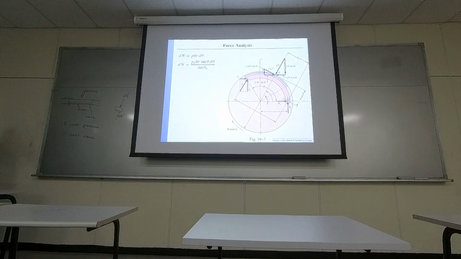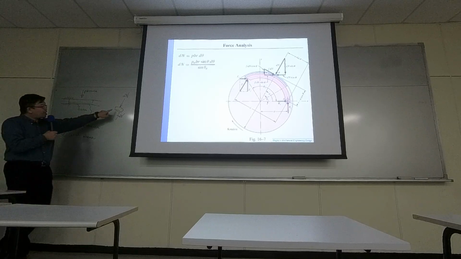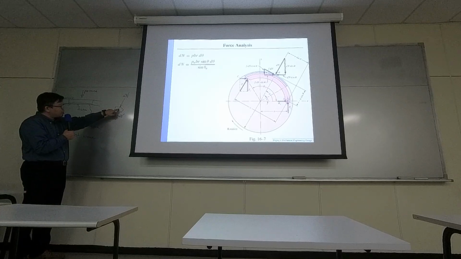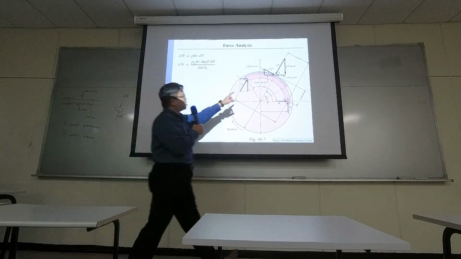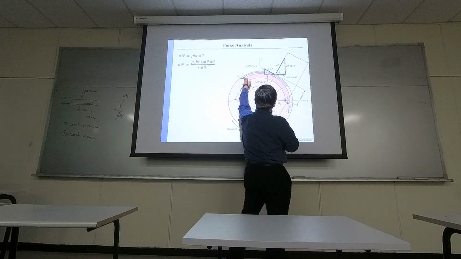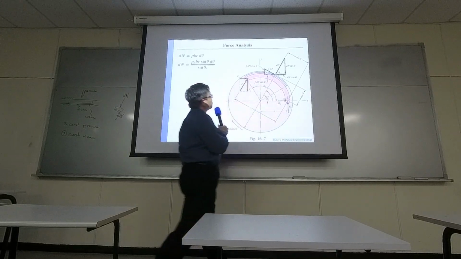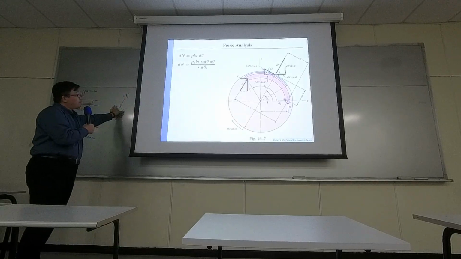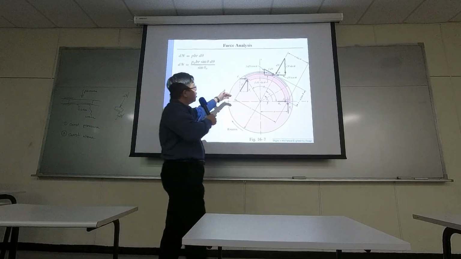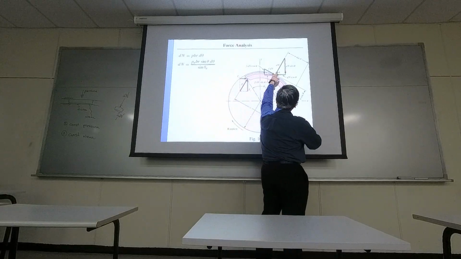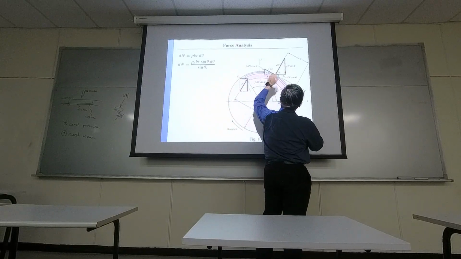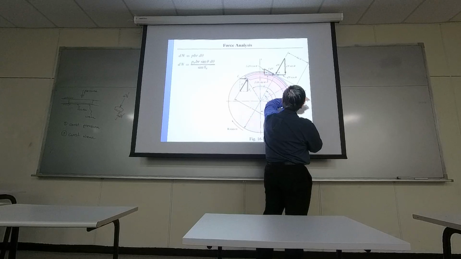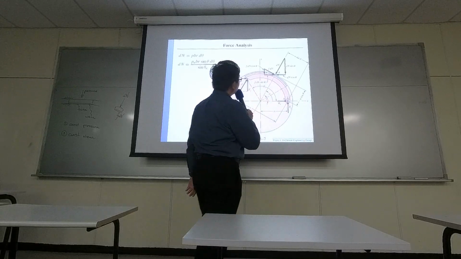And because this geometry is complex, the investigated position has different load conditions everywhere around the entire area. So they basically focus on one small area and try to use geometry to find the radial component and also the tangential component.